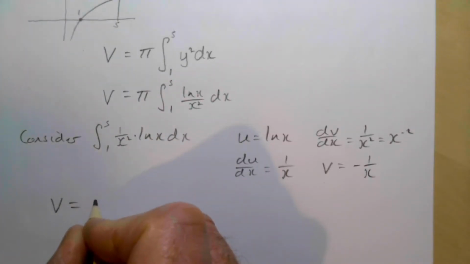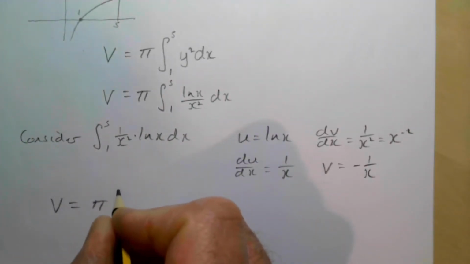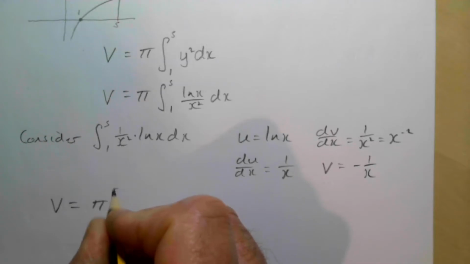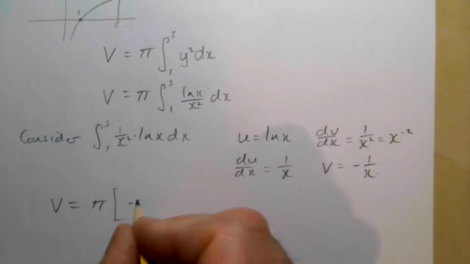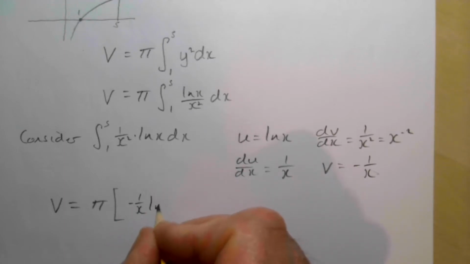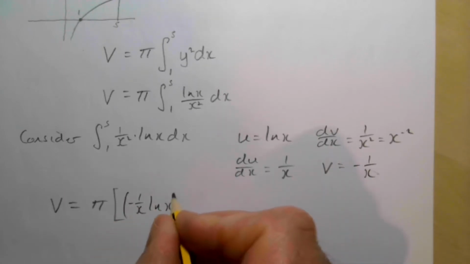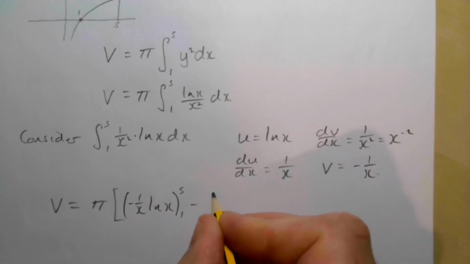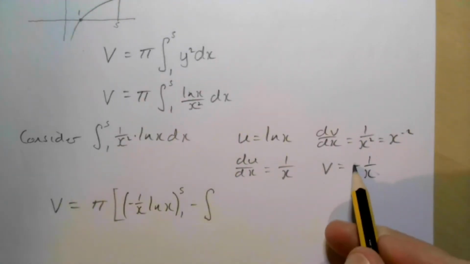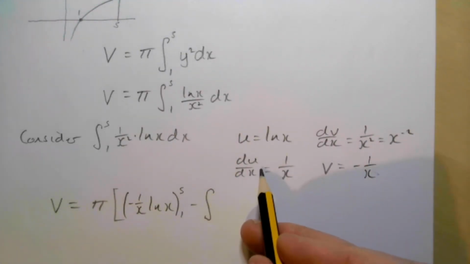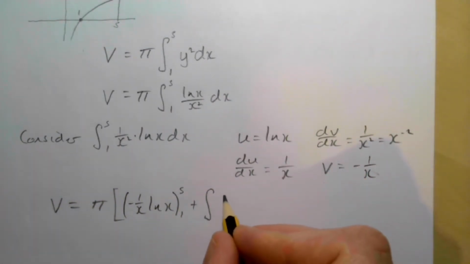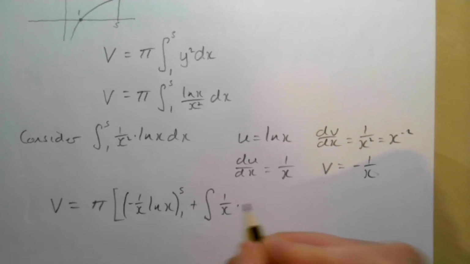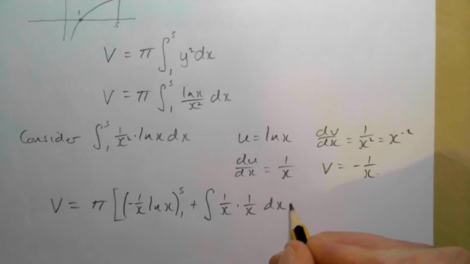That means my volume is going to be pi times uv, so it's minus 1 over x ln x. I'm going to keep that a bit separate, between 5 and 1. Take away the integral of v du by dx. That's a minus, so I can change that to a plus, and it's 1 over x times 1 over x, dx.